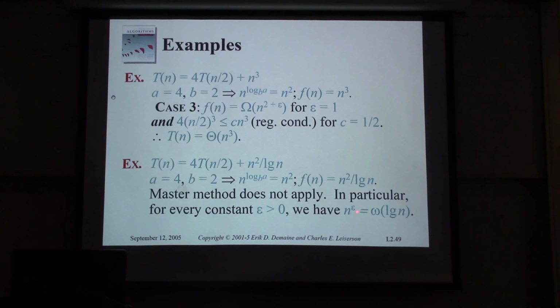So n to the epsilon, for any positive epsilon, will be a faster grower than log of n. So we cannot find the polynomial faster or slower. In this case, we cannot find the epsilon. So that's why it doesn't apply.